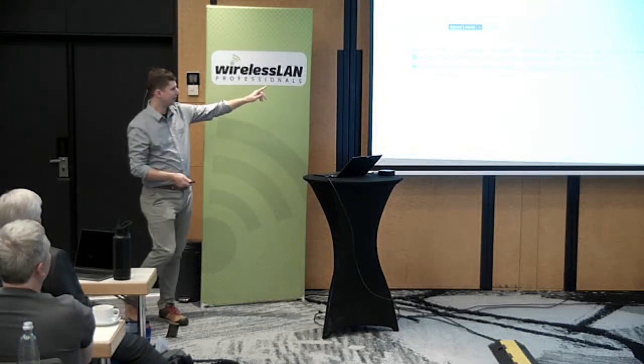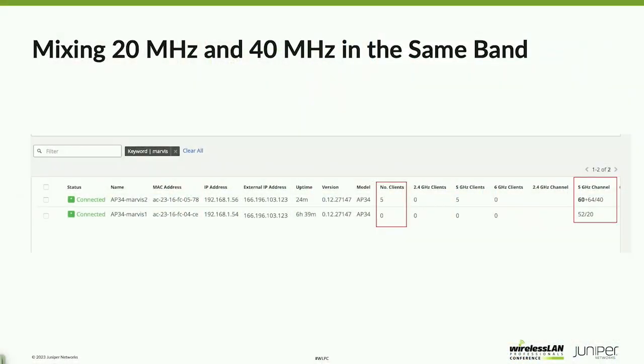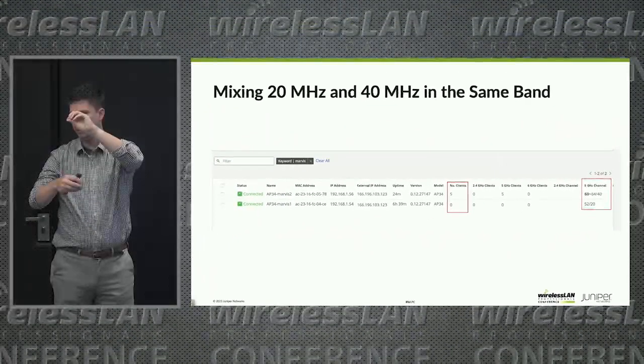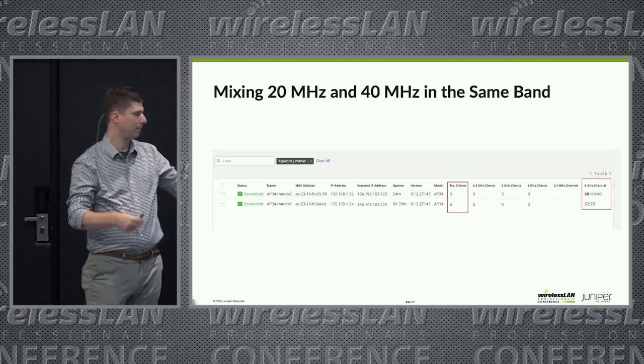So here's an example where two APs are next to each other, 10 feet apart, and when I did the test, I walked into a room and I had the 20 megahertz AP closer, a couple dB better than the 40 megahertz AP.